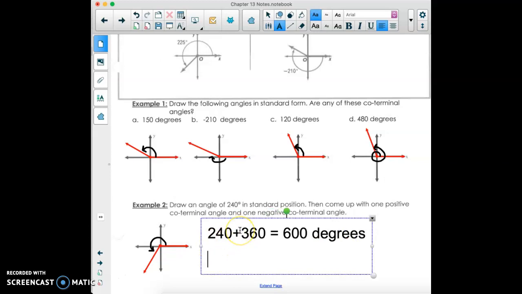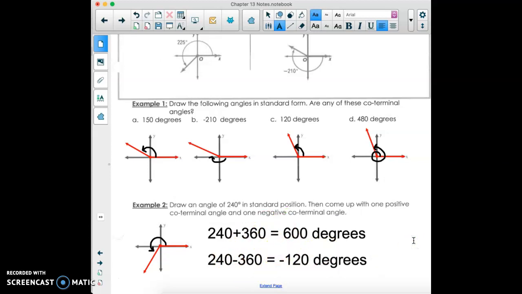Now, could I use this same method and subtract that 360 to find my negative coterminal? Yeah, I absolutely could. I'd end up with negative 120 degrees. I could have just measured this angle and said, well, this is negative 120. But this is also a really easy way to see how to find those two measures.